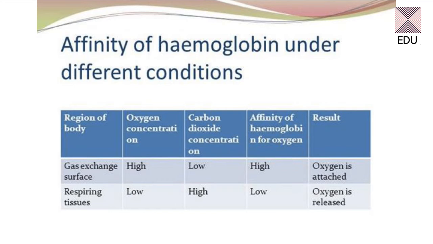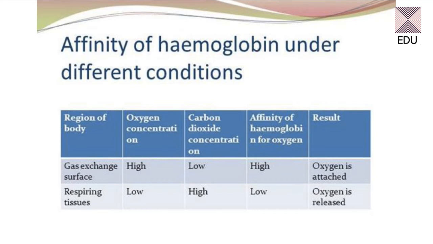What is the carbon dioxide concentration at the lung level? It is low. So the affinity of the hemoglobin for oxygen is high at the lung level, so it is joining the oxygen. So what is the result? The oxygen is attached to the pigment because the affinity of the hemoglobin for oxygen is high at the lung level. So what is the result?